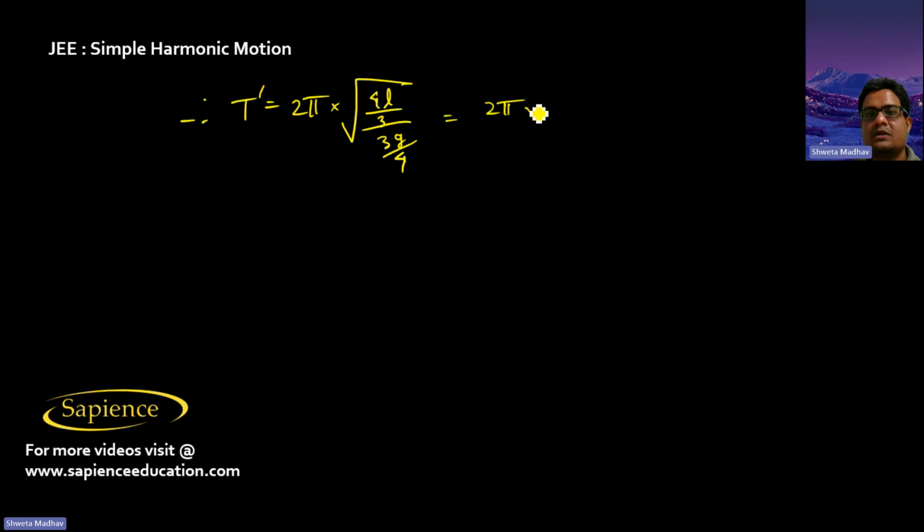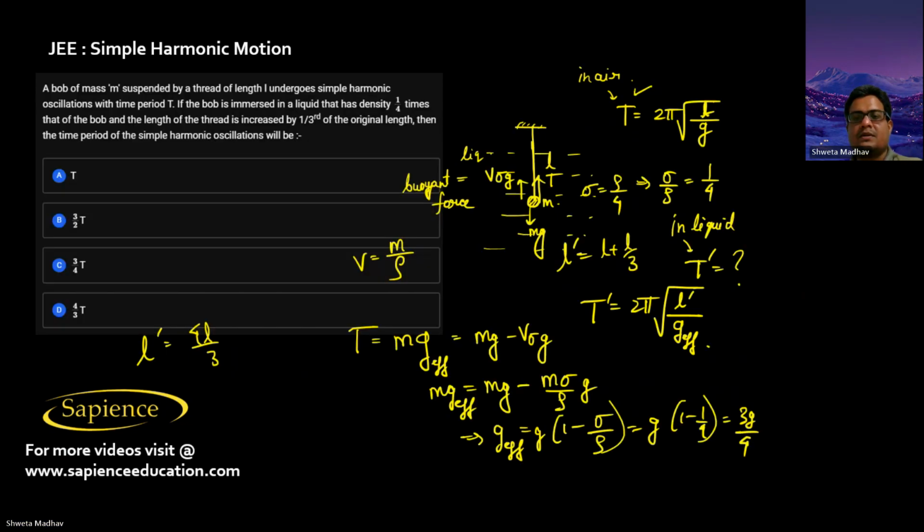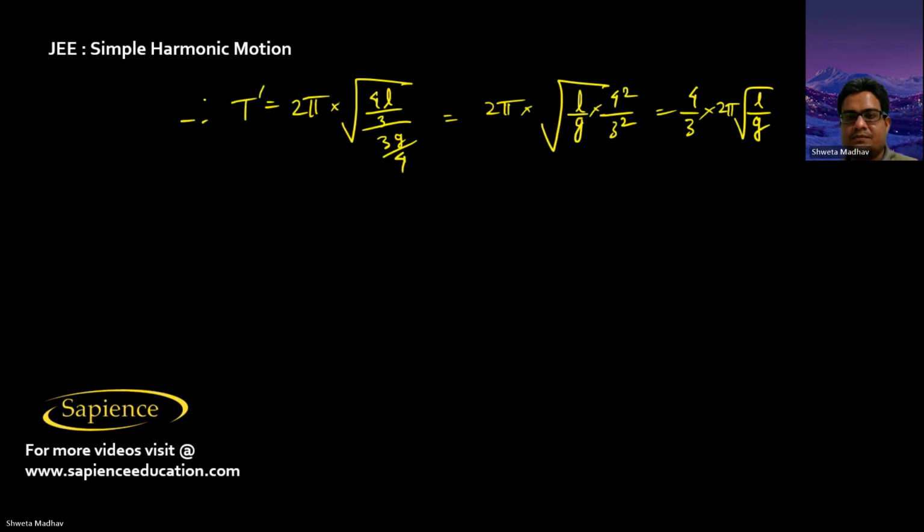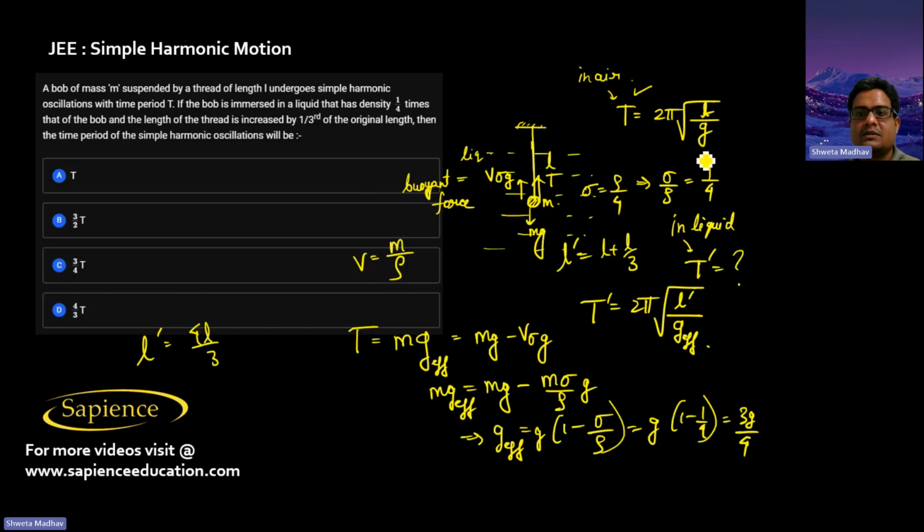That means this will be 2π into √(L/g) into √(4²/3²), which is equal to 4/3 into 2π√(L/g). So T' is 4/3 times the time period T. So T' is 4/3 T. So option D is the correct answer.